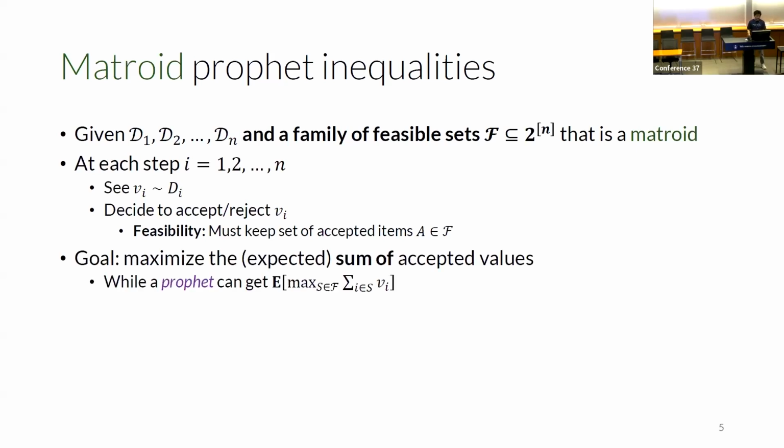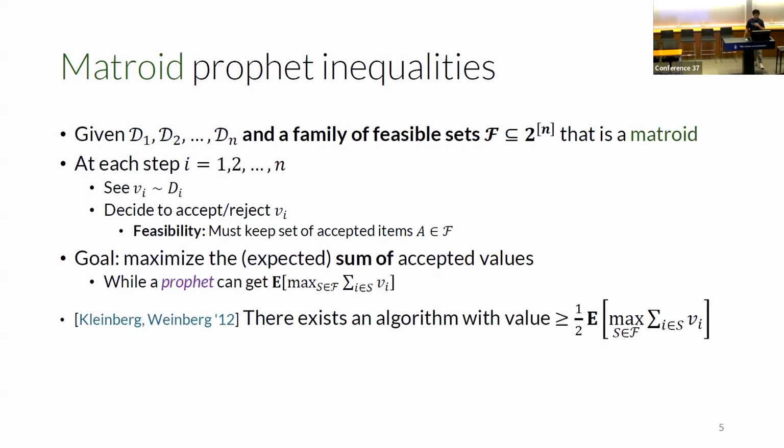Our goal now is to maximize the sum of accepted values. A celebrated result by Kleinberg and Weinberg 12 years ago says that in this setting, although it seems much more difficult than a single item, we can achieve the same guarantee.